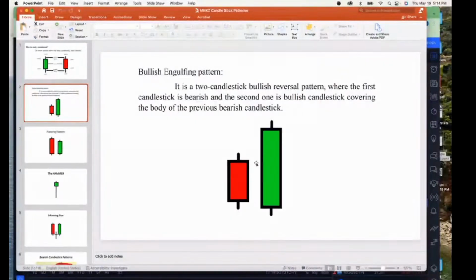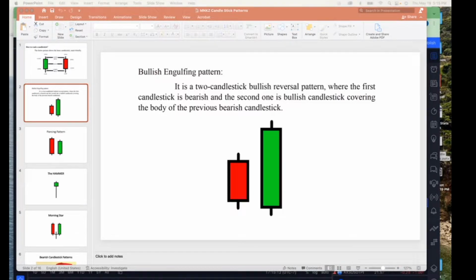What that essentially means is this candle right here finished in the red, and it started right about here. Now this next candlestick completely engulfs it, almost double the size of this. So what that could mean is that we're seeing a bit of a reversal.